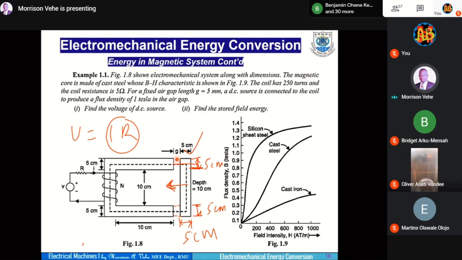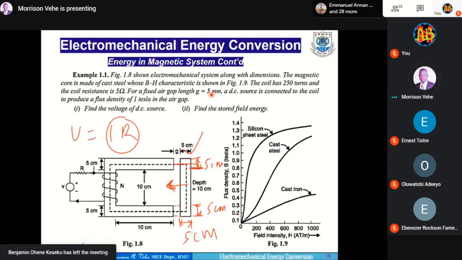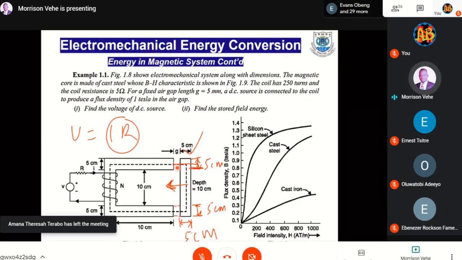So that is the reason why we have to introduce, of course, he has given us the air gap length is 5 millimeters, isn't it? Yes, sir. So that is 5 millimeters.